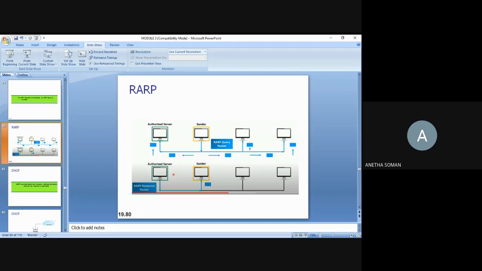So what the sender will do at first is broadcast this RARP request packet, or the query packet, to all the hosts present in the network.